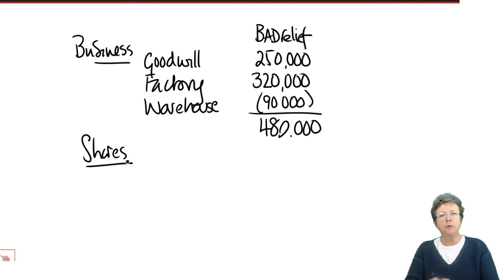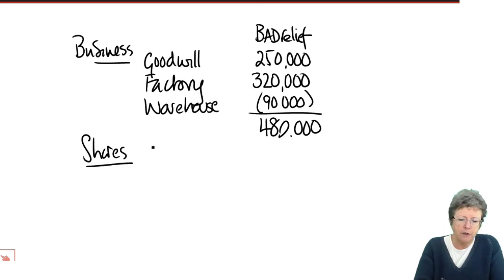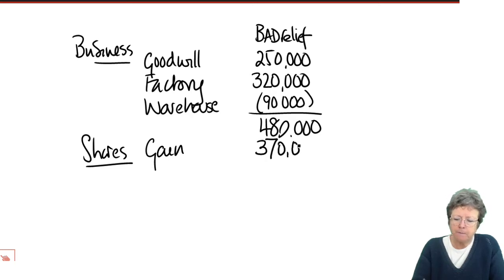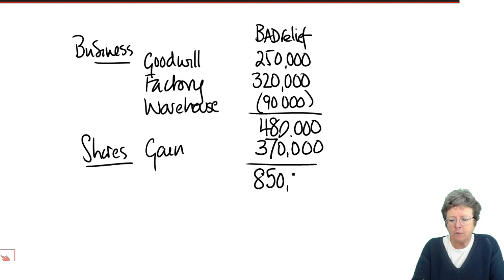So every time you come across these assets, you have to ask yourselves, put those rules into place. Does this question, what's happened in this question, does that fulfill the criteria that I know in the rules? So there was a gain on the sale of the shares of 370, wasn't there? So a total of 850,000.